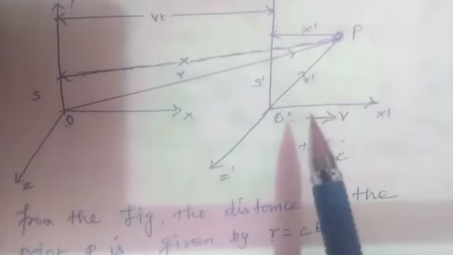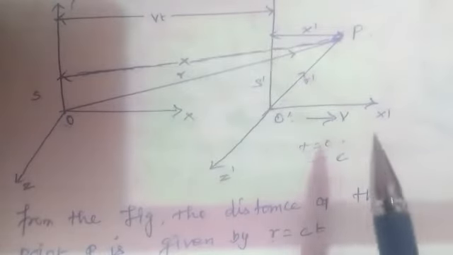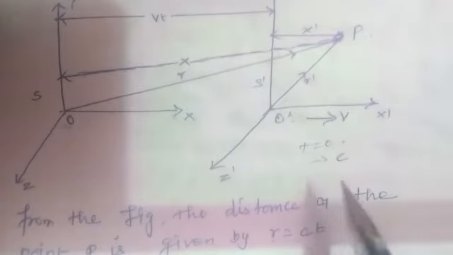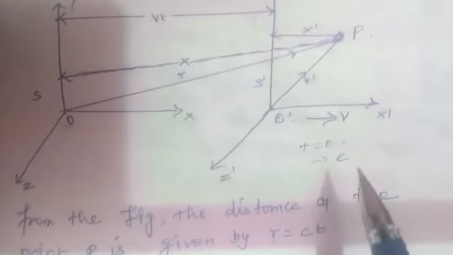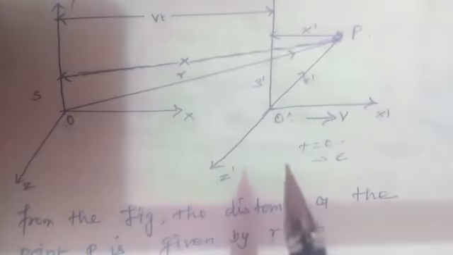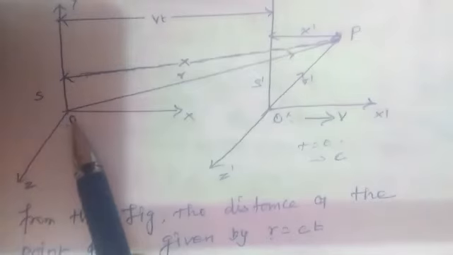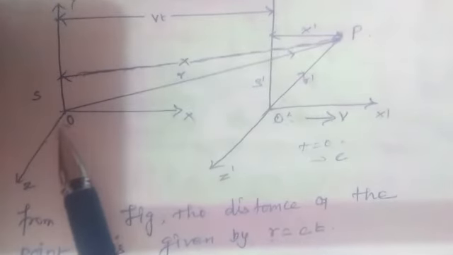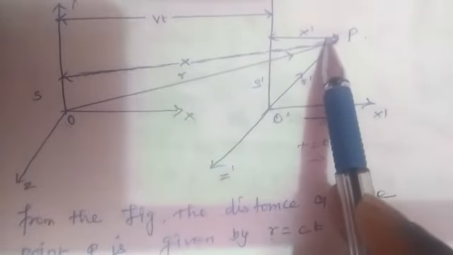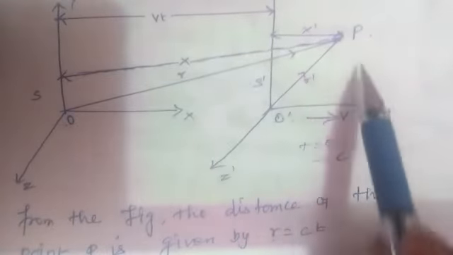The radius of the wave front will grow with the speed c. After a time t, the observer O will note that the light has reached a point P with coordinates X, Y, Z.